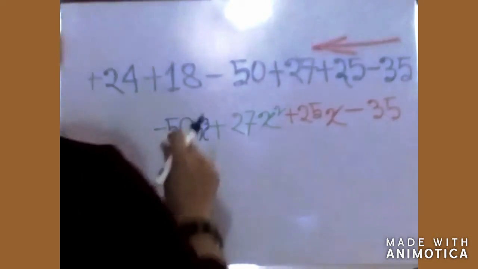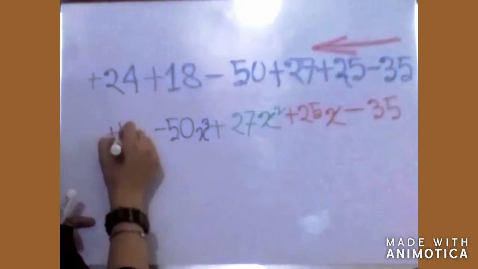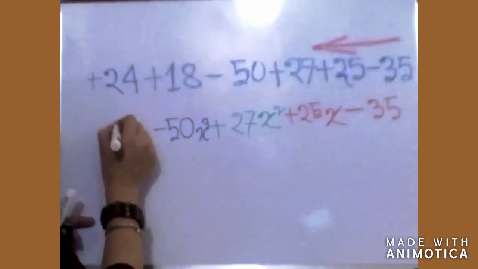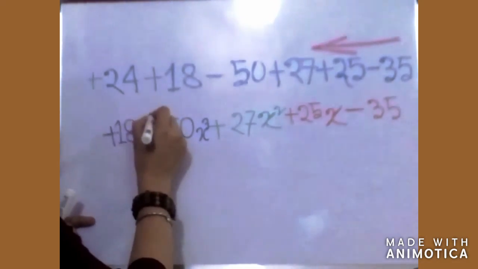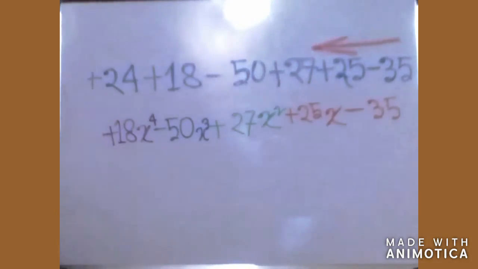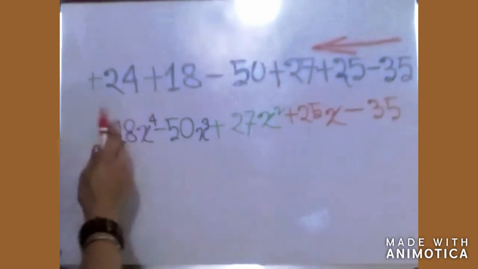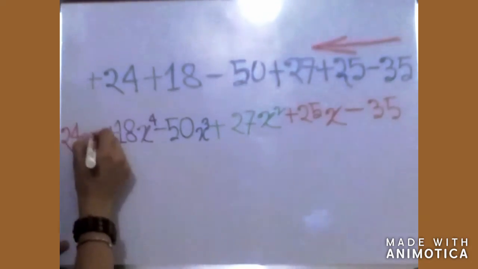Next, here it is 18, plus 18. So we'll write plus 18. After increasing the power by 1, we'll get x to the power 4. And here it is 24, so we will write 24 x to the power 5 after increasing the power of the variable.